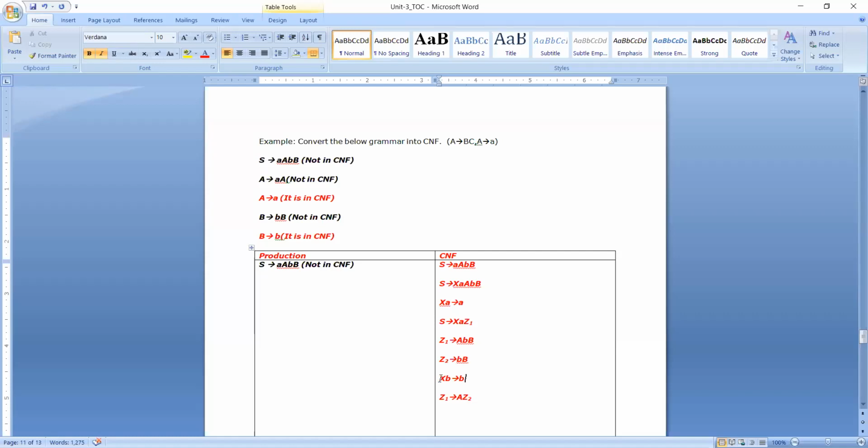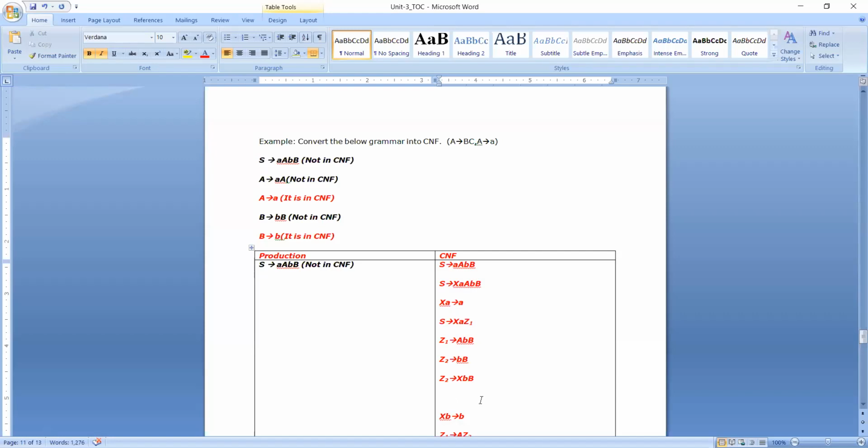Now with the help of this xb production, Z2 can be rewritten as follows. In the place of this b, we are going to get xb.